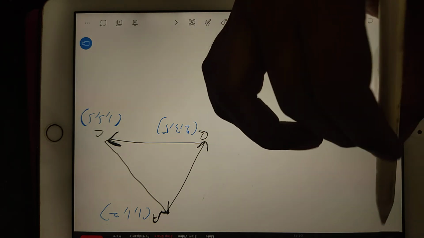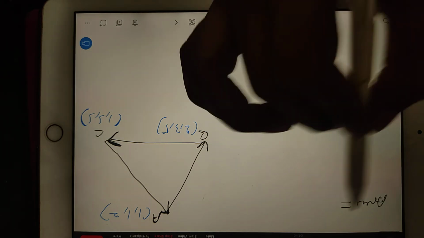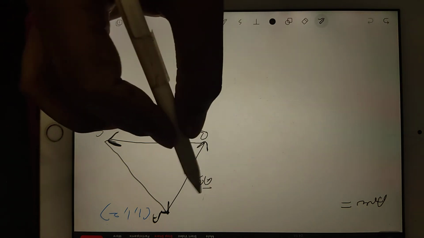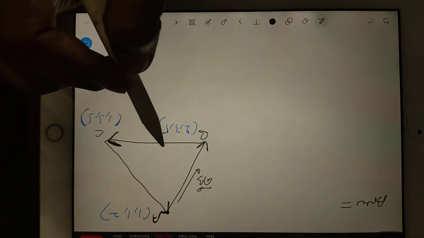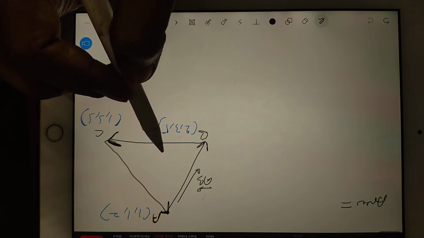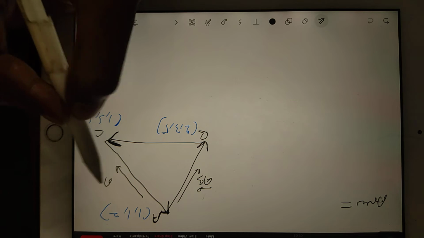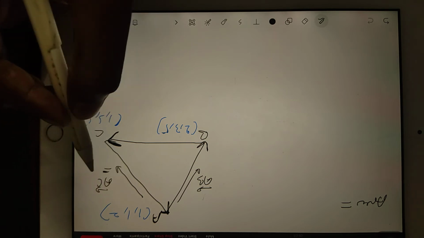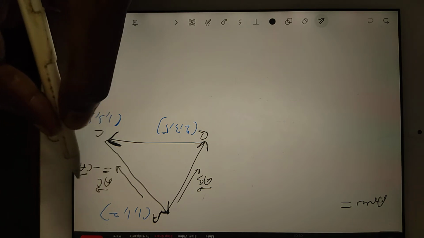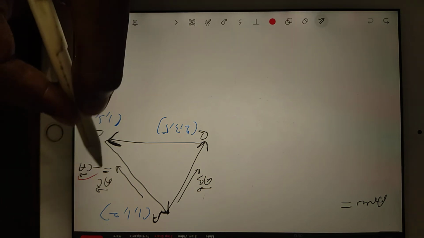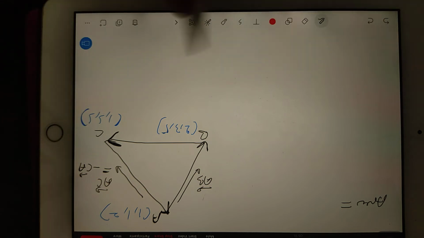To calculate the area, you can choose any two sides. You can choose vector AB, because this vector is AB in this direction, and then you can choose vector AC from point A. Always remember, vector AC is nothing but minus of vector CA, though that is not important for this particular case.